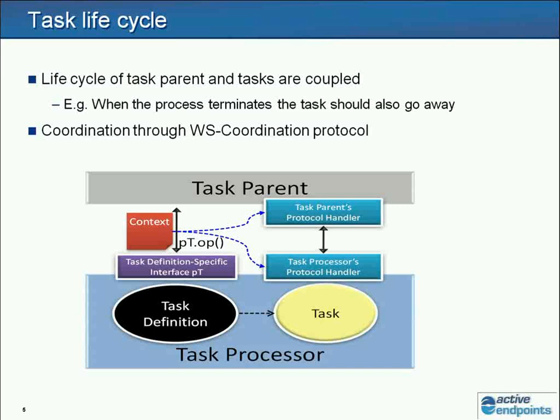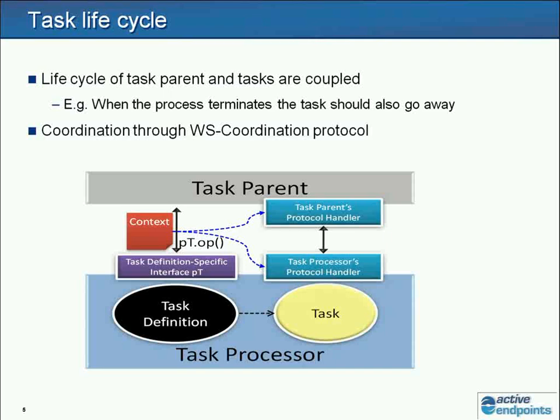We also have in the WS-HumanTask standard a way of tying the task parent's life cycle, how long it lives and when it dies and all the rest, to the guy doing the work.